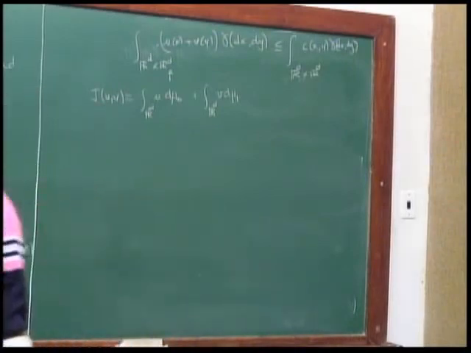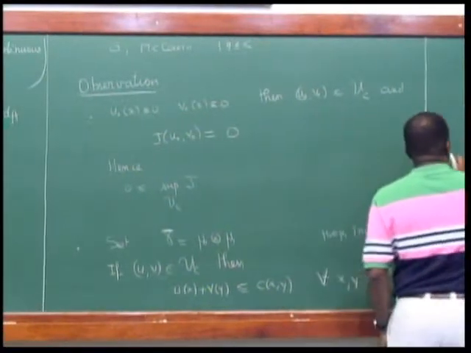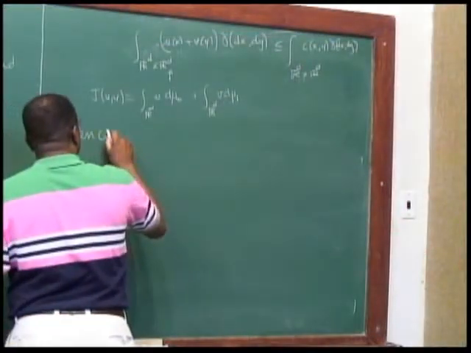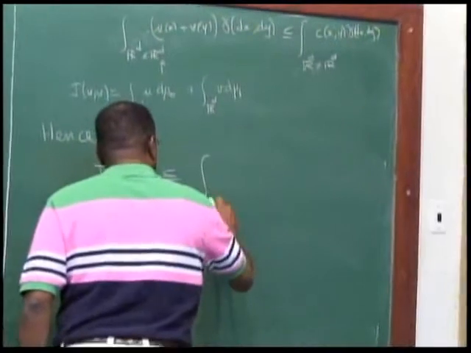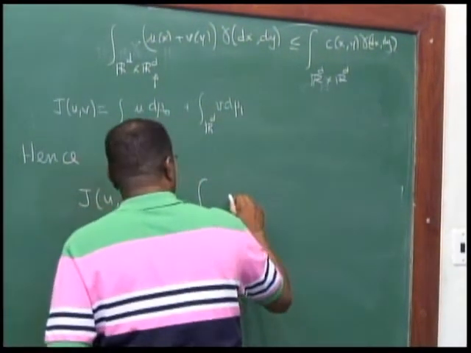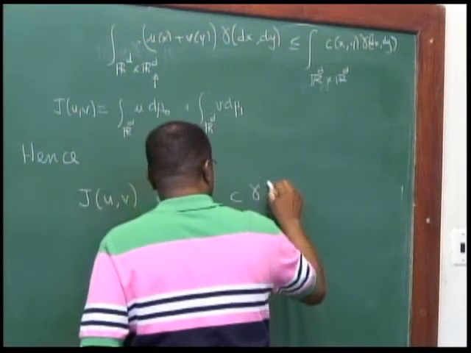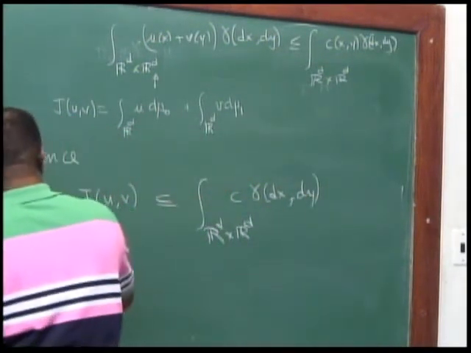So let me call this gamma bar. Hence, J of UV is less than the integral over Rd cross Rd of C d gamma bar, call that one.